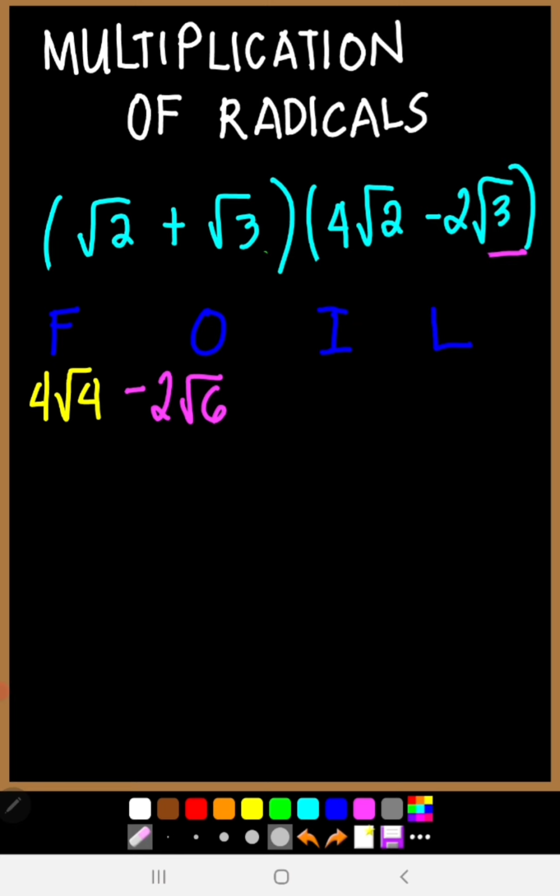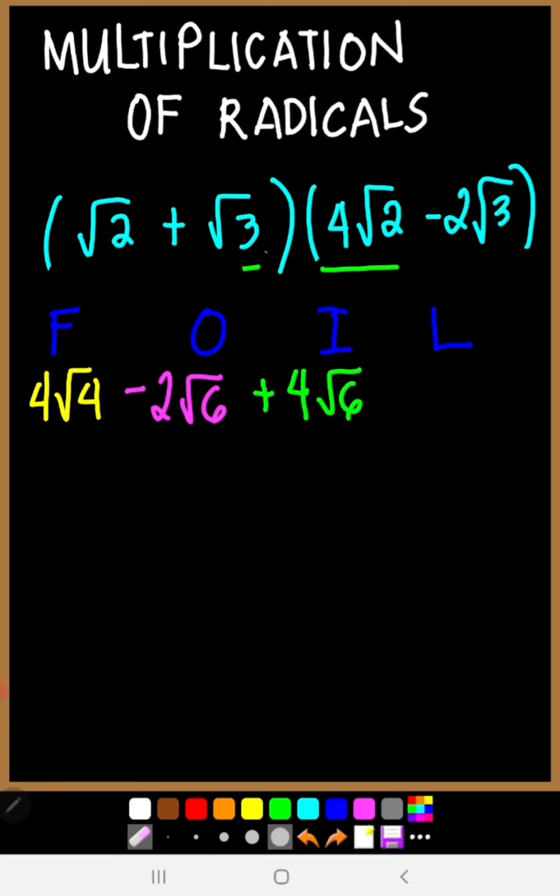And then, sa inner term naman, ang inner terms natin ay square root of 3 and 4 square root of 2. So, square root of 3 times 4 square root of 2, that is positive. Do not forget the sign, ha? 4 square root of 6.